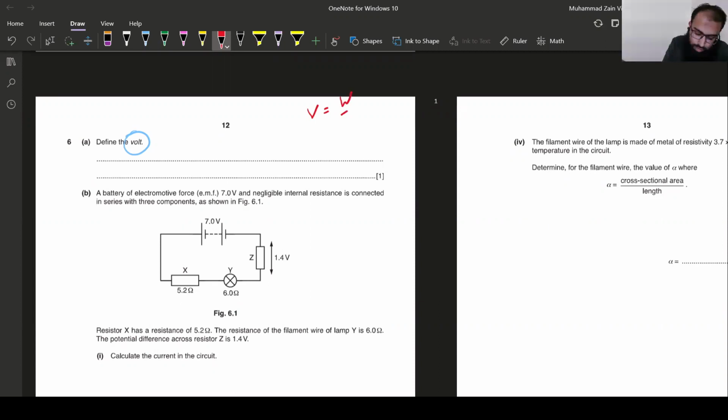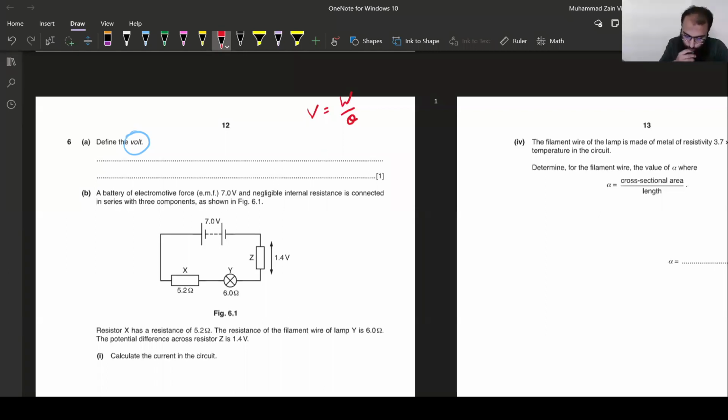That's the defining formula for voltage. That's what defines the volt. V equals IR just shows the relationship between potential difference and the current or the resistance. That's just a relationship equation. This is the equation which defines it. Okay, so V equals W over Q.